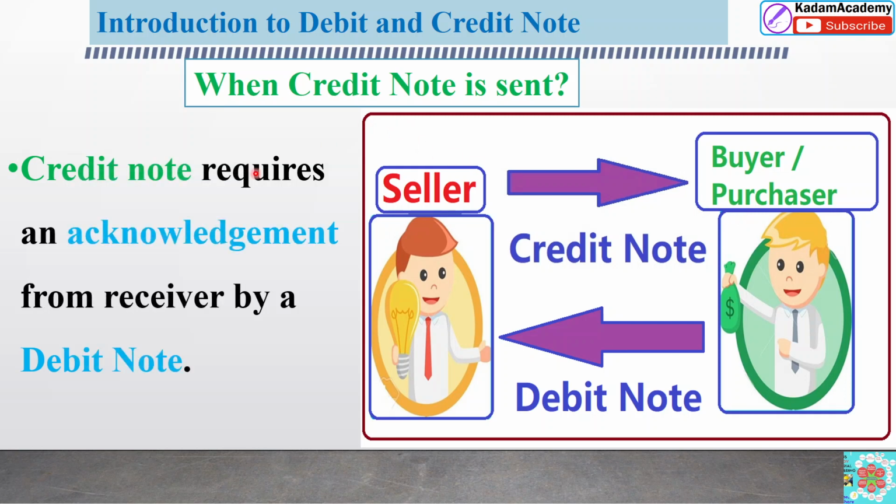So this credit note is sent. When it is sent, we have already studied. And lastly, the acknowledgement by the receiver is a debit note. When the seller gives the credit note, the buyer gives the debit note against this credit note. This type of documentation is required.